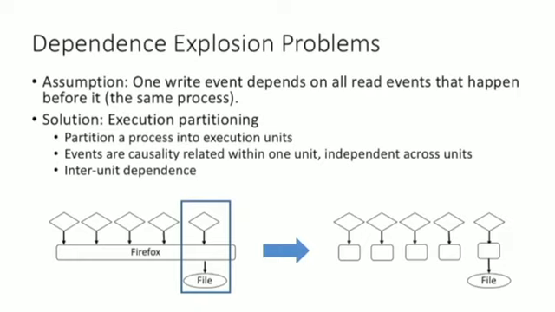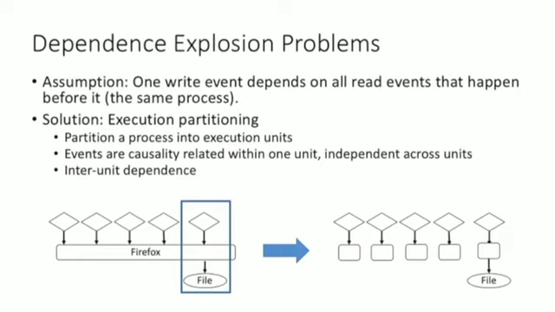That's the basic idea. But obviously, individual units can depend on each other. So it's called inter-unit dependence. The assumption in this model will be different. In this model, all the events that happen within one unit will have causal dependence, and we will analyze that causal dependence.